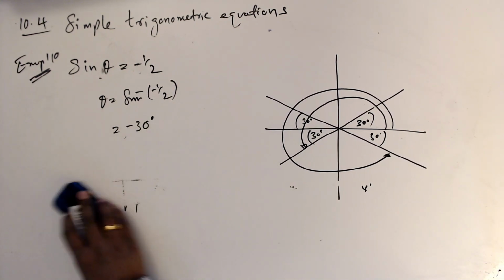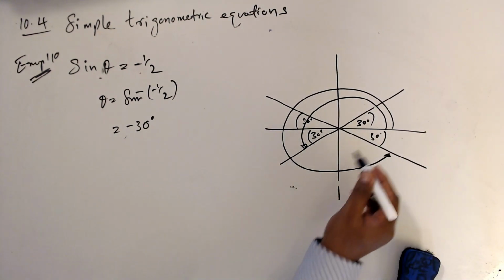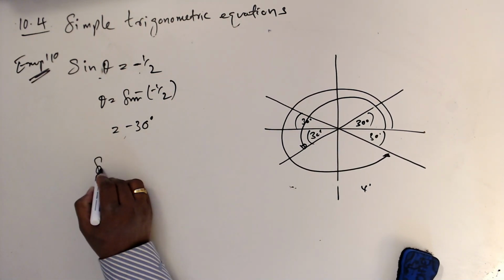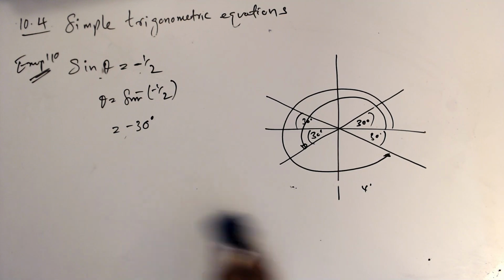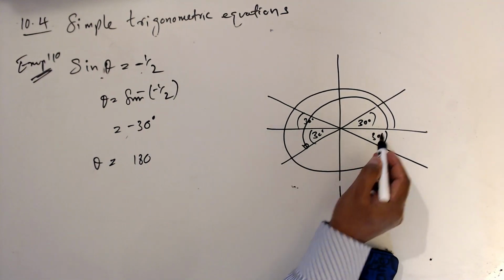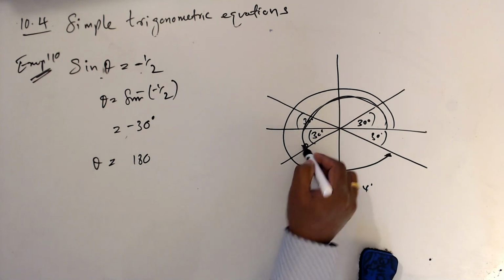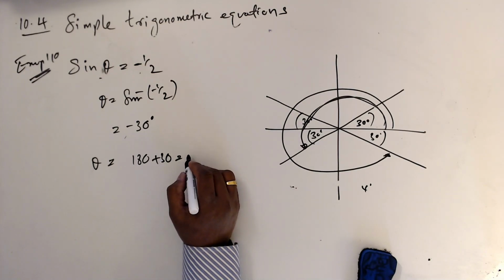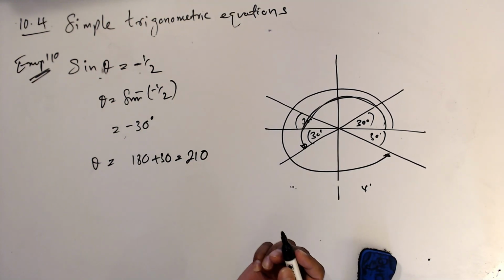So the first one is this one, 180 plus theta. So theta equals 180 up to here, another 30. So 180 plus 30 is 210.